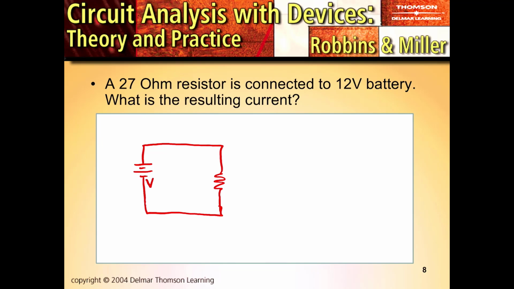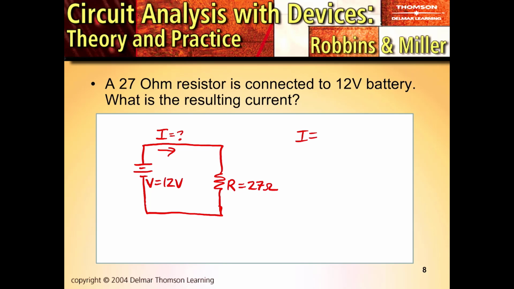I'll label this V. I'll label this R. And we've been clearly given the values of V and R. So I'll say V is equal to 12 volts. R is equal to 27 ohms. And the next step is to determine what quantity it is we're to determine. And in this case, we know it's current. So I in this circuit is what we need to figure out, right? So now we can use relationships and laws to solve.